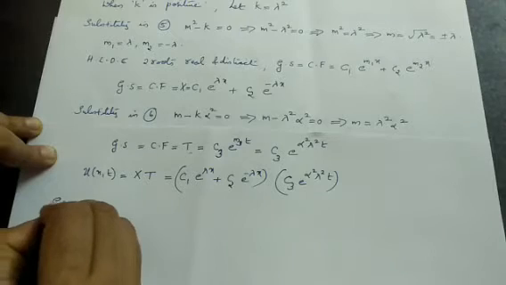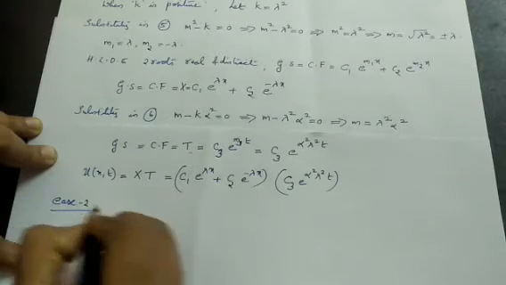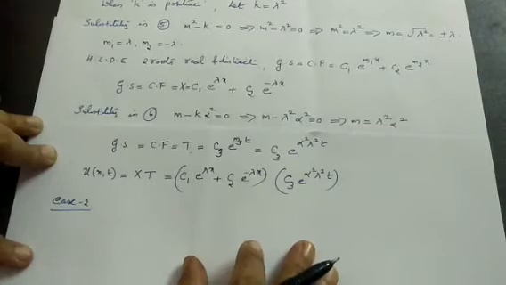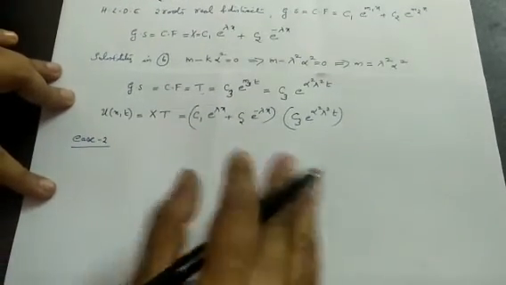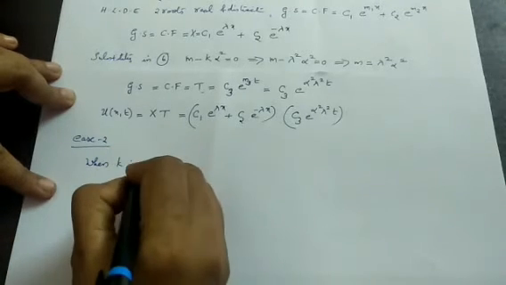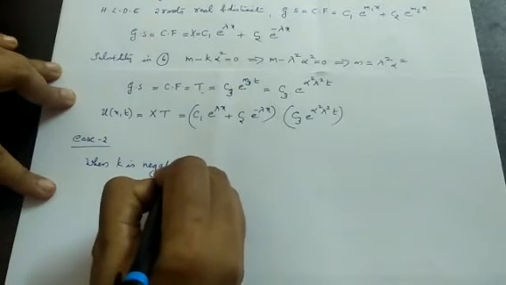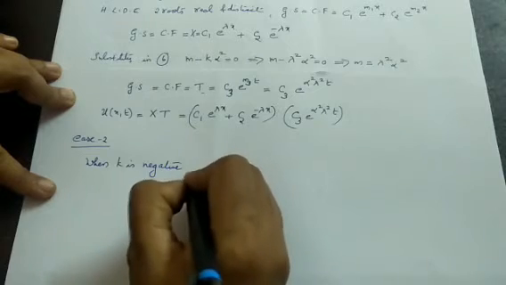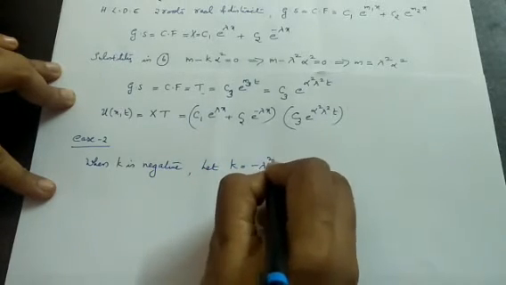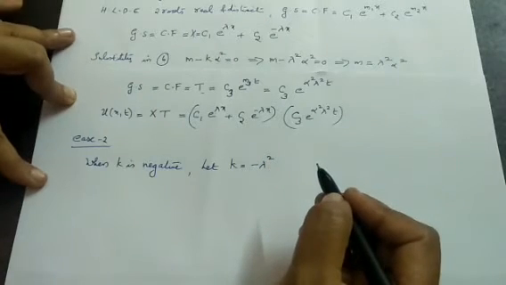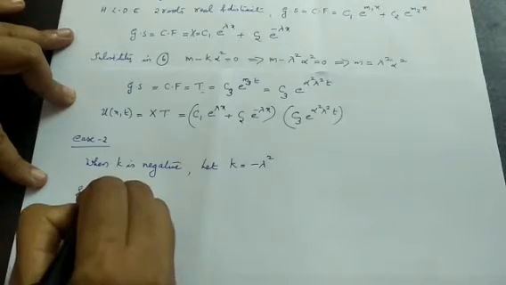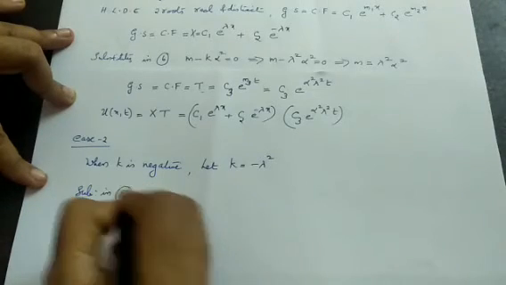Now case 2, that is when k is negative. When k is negative, here we can take k is equal to minus lambda square. Here also, first of all substituting in equation number 5.